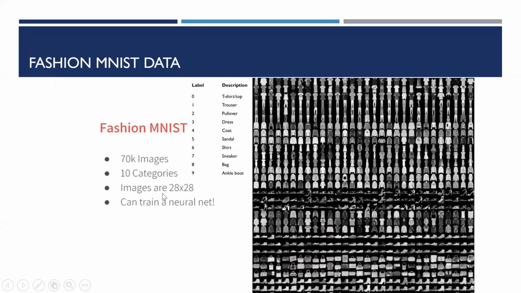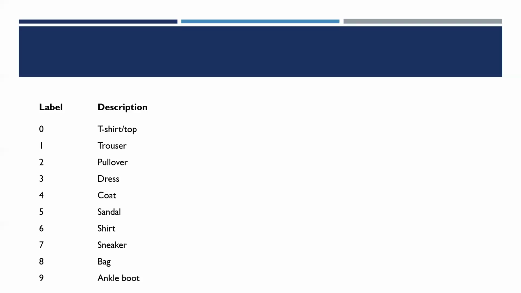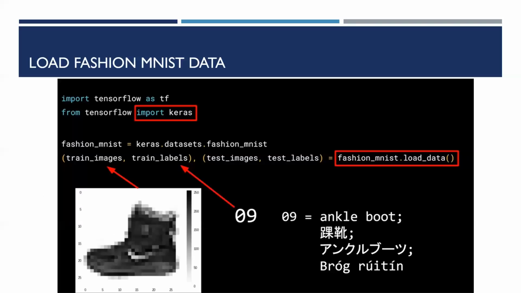These images are of size 28 by 28, and hence we can train a neural network using this data. These are the descriptions of the classes and the labels. Before going to the hands-on session in the notebook, let me just mention what we are going to do, as we did earlier.